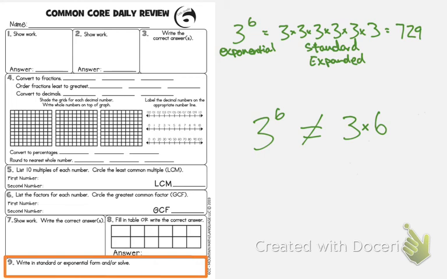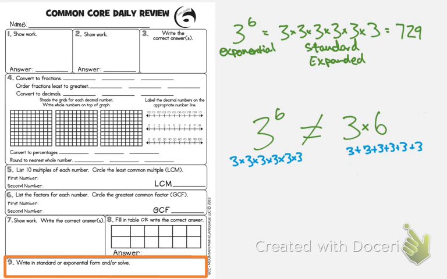A lot of students get confused by this the first few times that we work with exponents. There are some similarities. We are working with repetition. However, we have to remember that exponents are repeated multiplication, and multiplication is repeated addition. So make sure that you remember that. It's a really, really important piece.